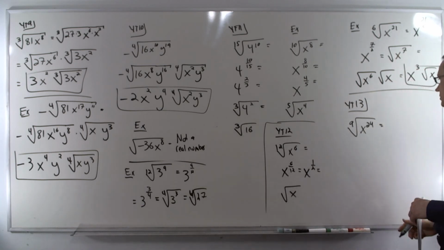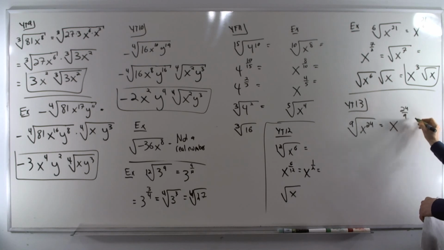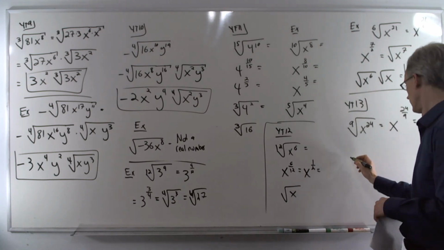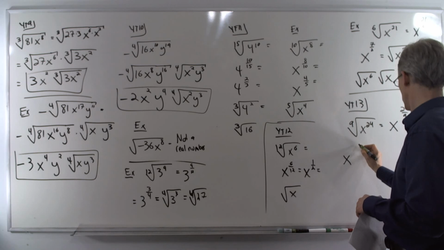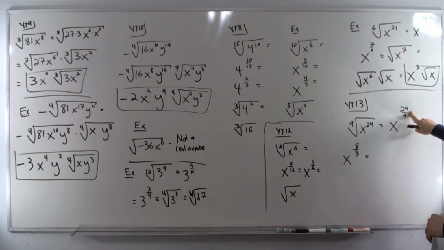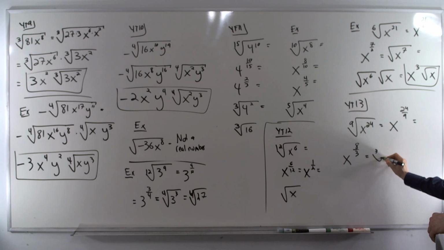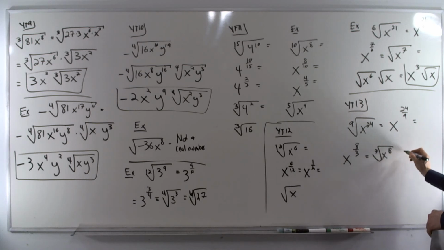Ninth root of x to the 24th power. So 24/9, if we divide the top and bottom by 3, we get 8/3. So there's the reduced form. Now we'll go back to radical form, which is third root of x to the 8th.